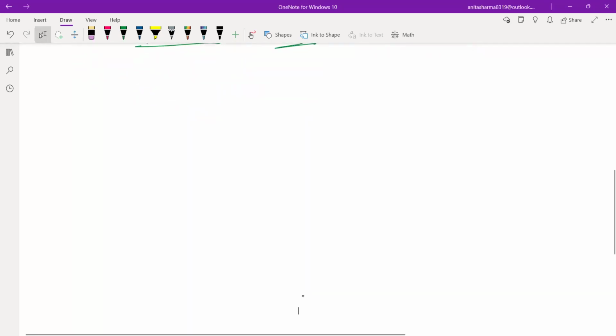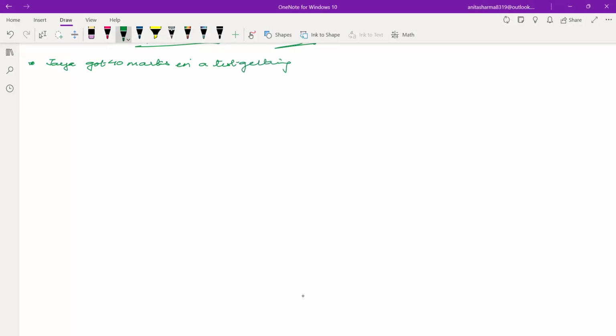Jaya scored 40 marks in a test, getting 3 marks for each correct answer and losing 1 mark for an incorrect answer.